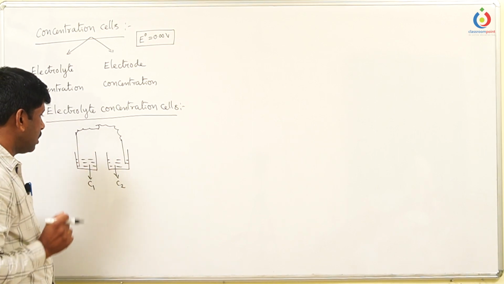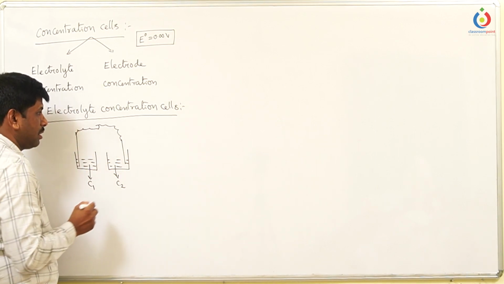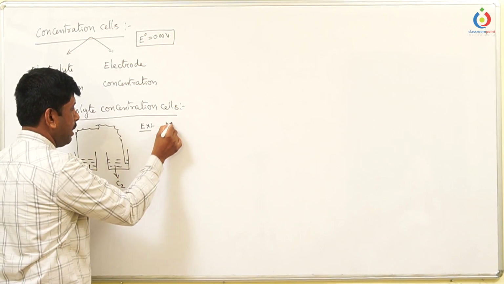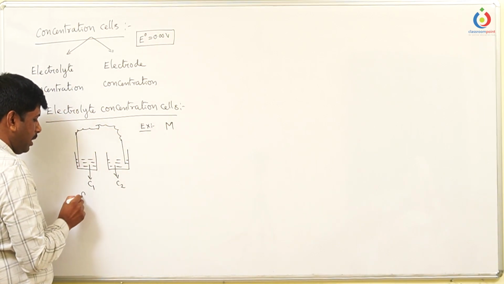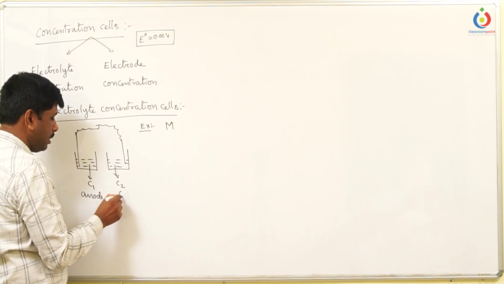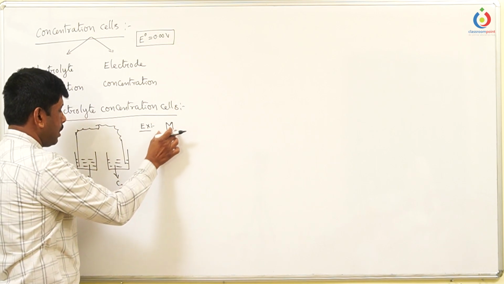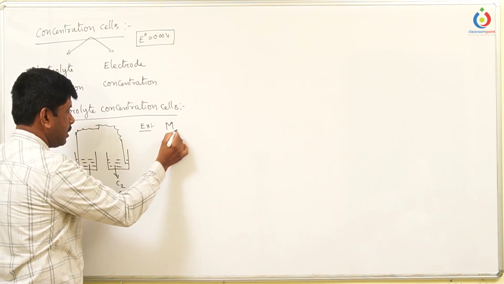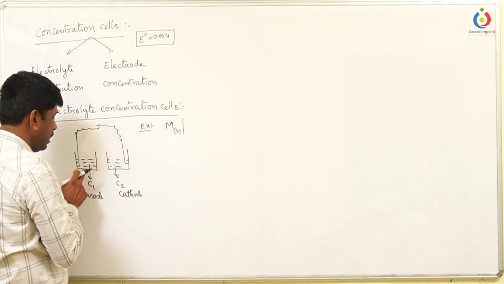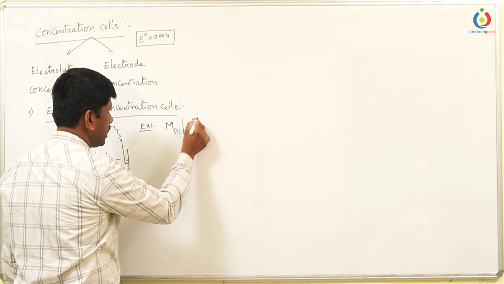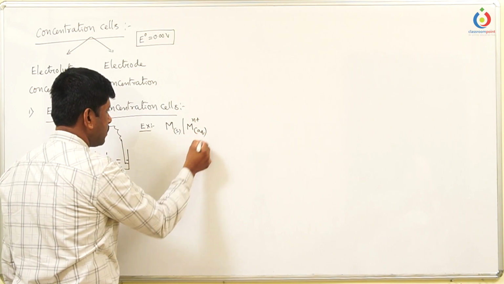Now let us take an example of how to represent this type of concentration cell. The example is a metal rod. This is the anode I am taking here. This is the cathode side. So a metal in the solid state is dipped in its respective ionic solution, the same metal ionic solution, M n plus in aqueous form.